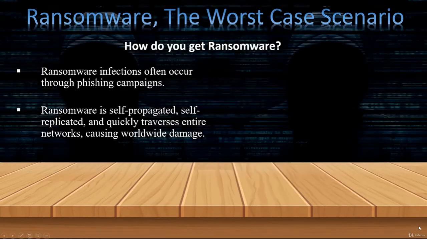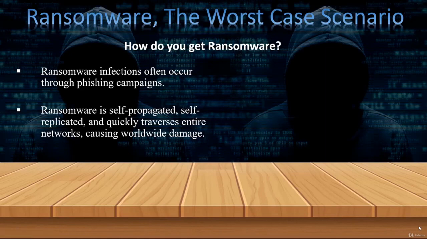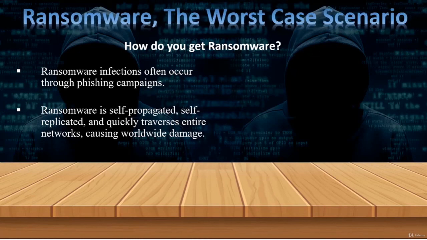Most ransomware starts with a phishing attempt via an email or a fake web page. As mentioned in the phishing lesson, cyber criminals are banking on your lack of cyber awareness and you falling for a phishing attempt.